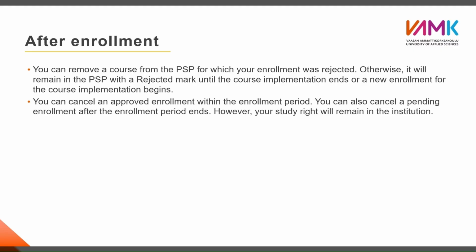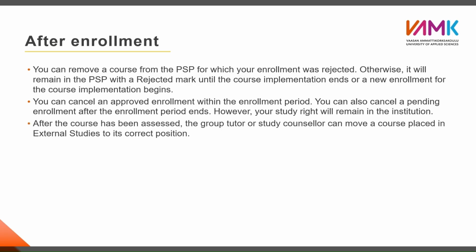You can also cancel a pending enrollment after the enrollment period ends. However, your study right will remain in the institution. After the course has been assessed, the responsible teacher or study counselor can move a course placed in external studies to its correct position.